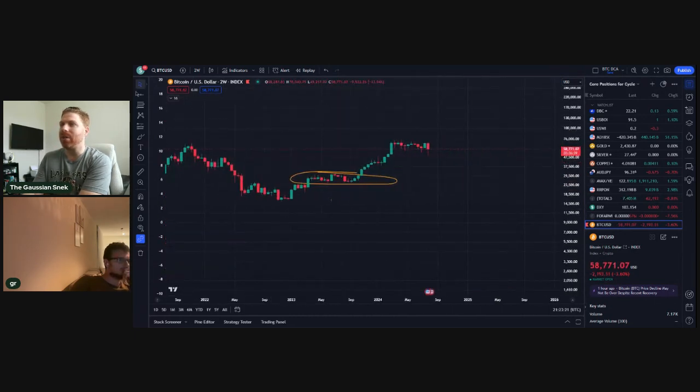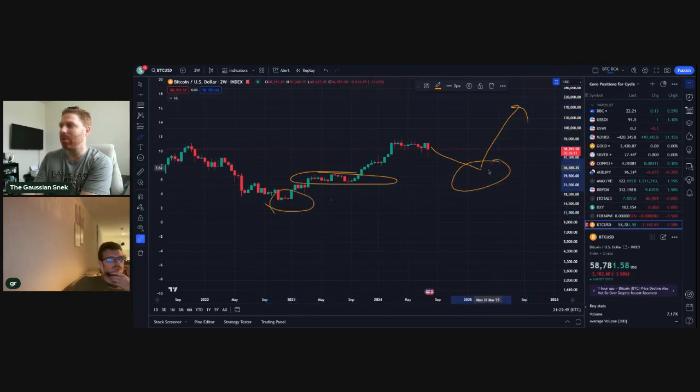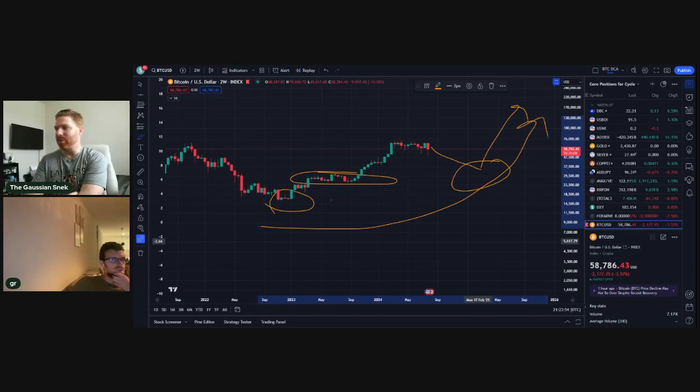If we came down into another secondary bear market to this region, and then after this we go up into, let's say, summer, fall of 2025, to me that would still be bullish, because this region here is getting tested and you're putting in a higher low, right? So the general trend is still up. It's just up over a very long time period, which is not fun to go through.